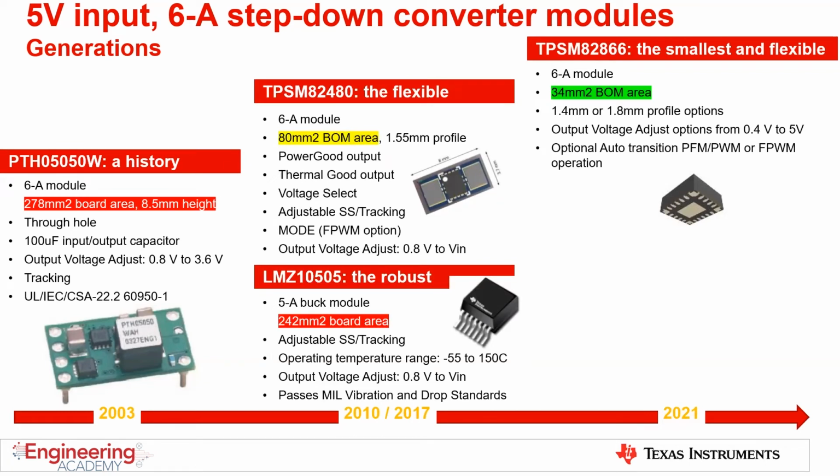So each implementation may have its own set of advantages depending on what end equipment it would be used in. Some power architectures would require flexibility in their design by adjusting the soft start, the output voltage, or operating mode during operation, or by getting information such as power good or thermal good.